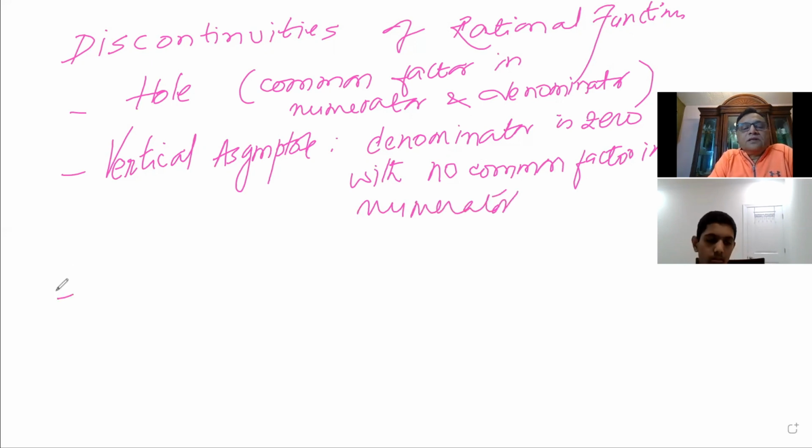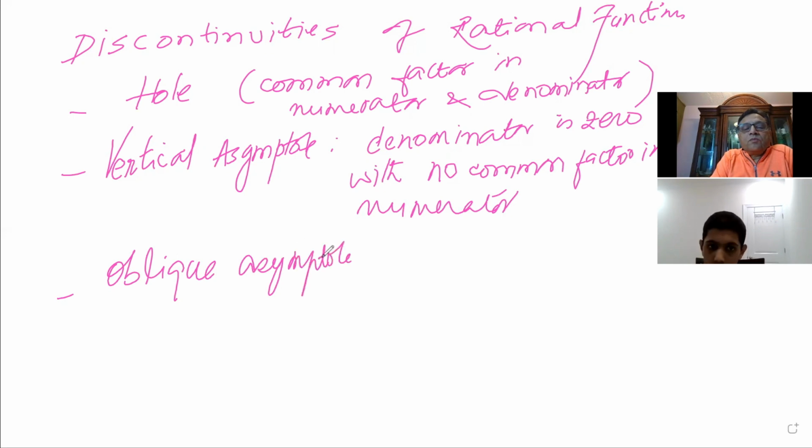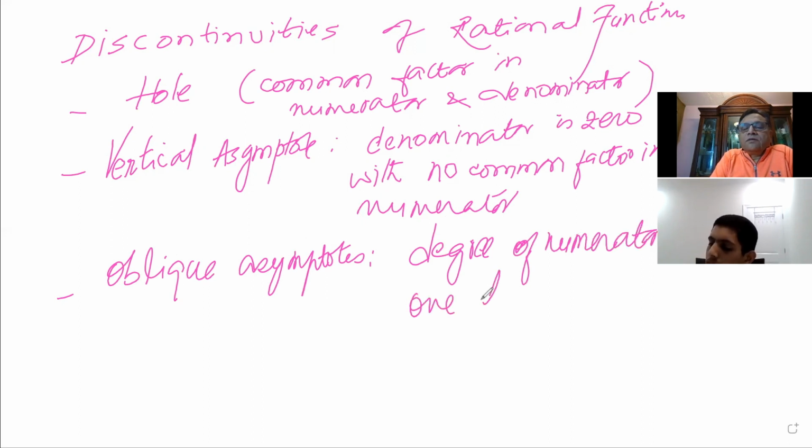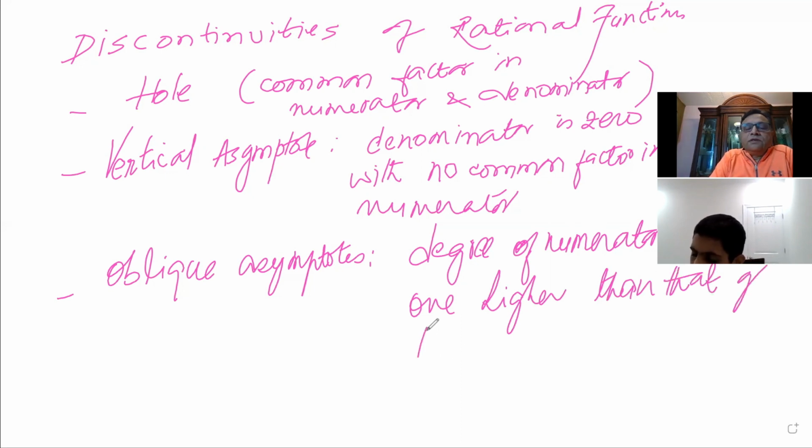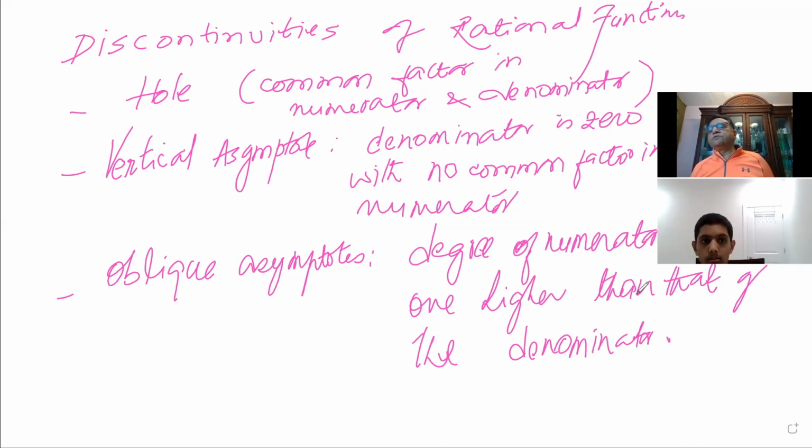And then we covered oblique asymptotes, where the degree of the numerator is 1 higher than that of the denominator. These were the discontinuities which we talked about.